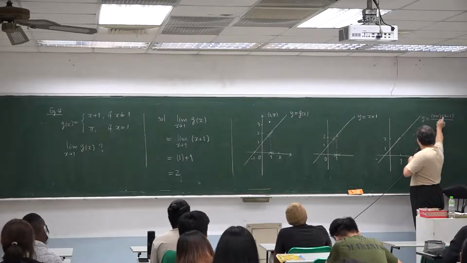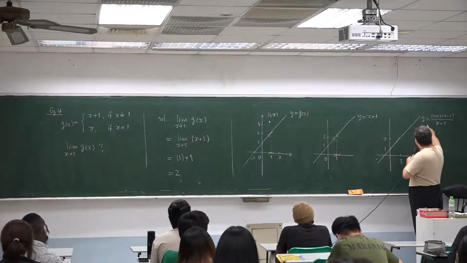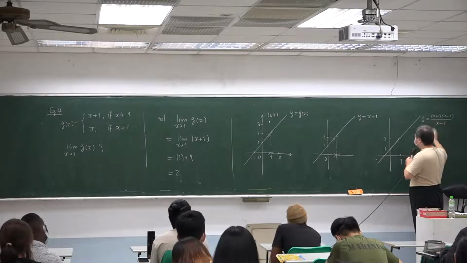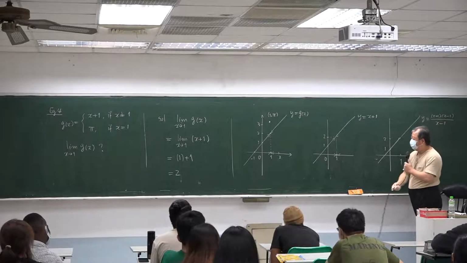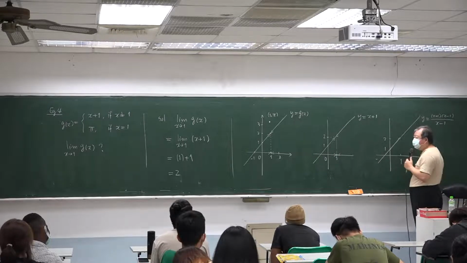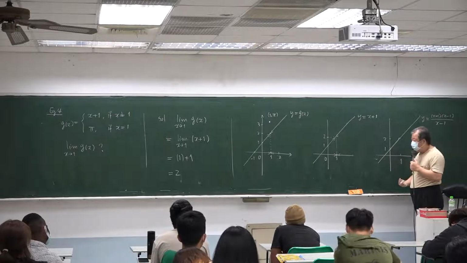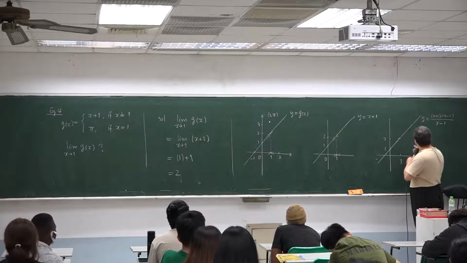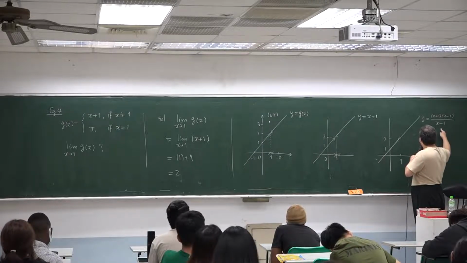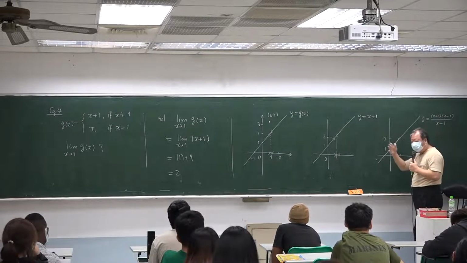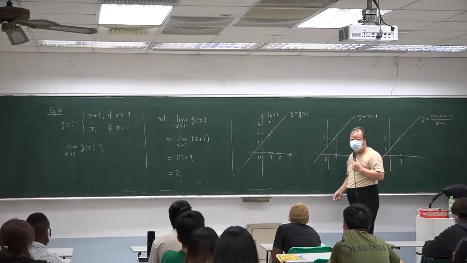So the domain of this function doesn't have 1, because if x equals 1, this is 0 and this is 0. 0 over 0 is undefined.